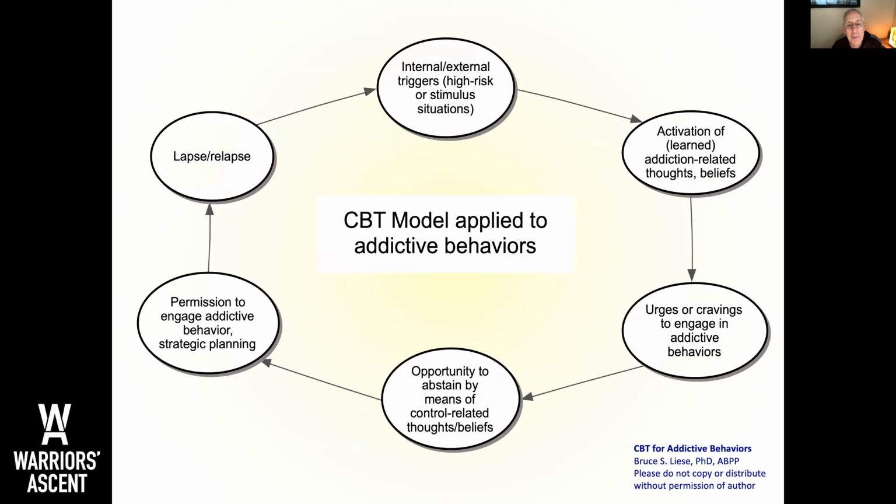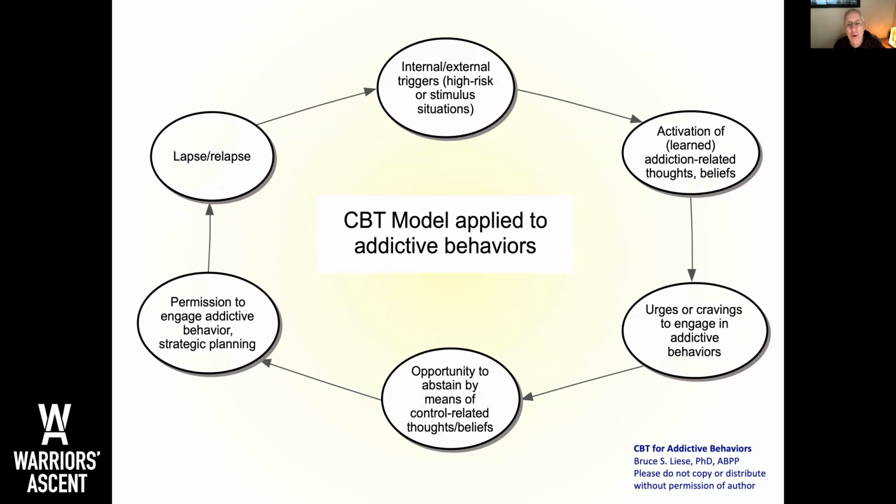So people with addictive behaviors get into vicious cycles. Once they have that exposure that I showed you earlier, their internal and external triggers get developed. And all they need to do is see somebody smoking a cigarette or drinking, or see a bar or see alcohol, and their automatic addiction-related thoughts might get activated, and they may get urges and cravings.